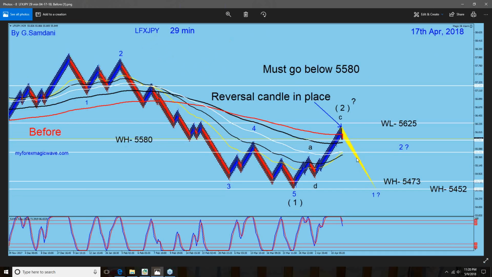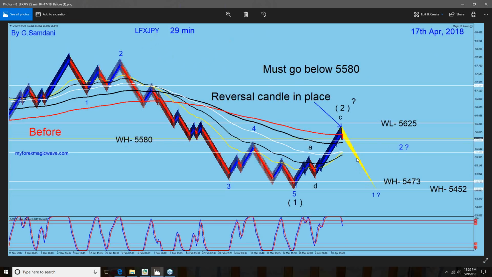So if yen gets strong, then you have 6, 7, 8, maybe 9 pairs, like pound yen, euro yen, Aussie yen, USD yen, CAD yen, franc yen, New Zealand yen, God knows how many, right? Everywhere yen is on the right hand side. So if yen gets strong, all those yen pairs will be going down.